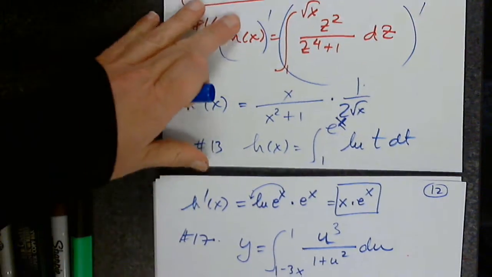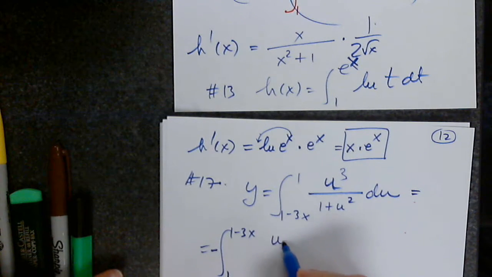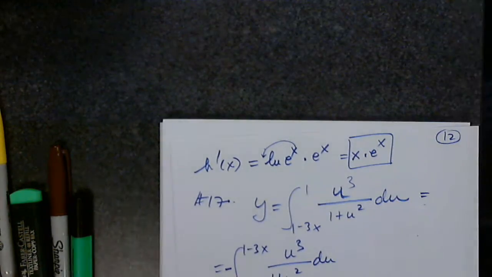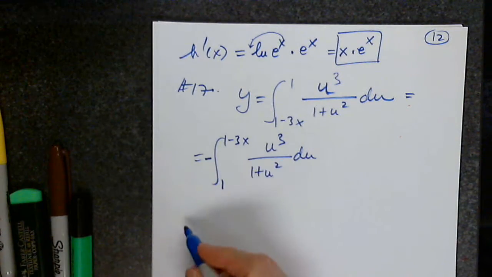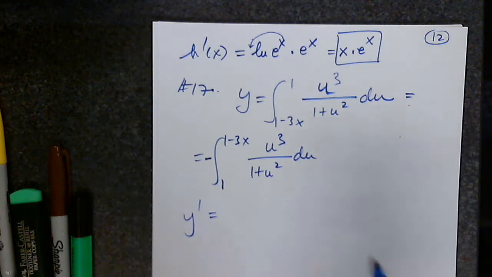So I have to rearrange because the number is not at the bottom. So this is negative in front, integral from 1 to 1 minus 3x, u to the third over 1 plus u squared du. And now I'm ready to differentiate. I differentiate the left-hand side and now the right-hand side.